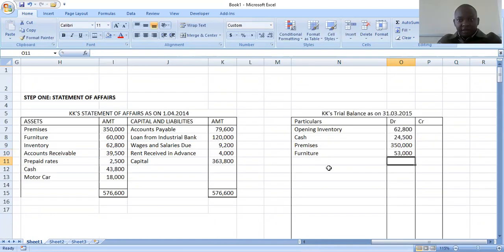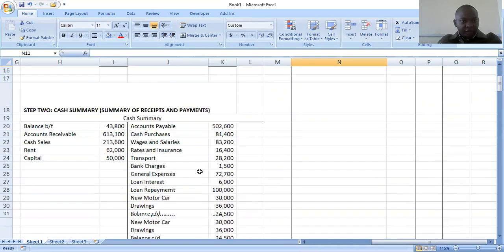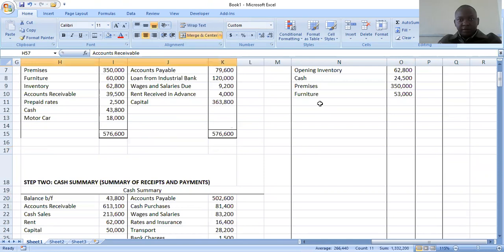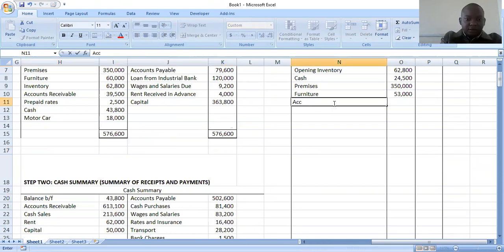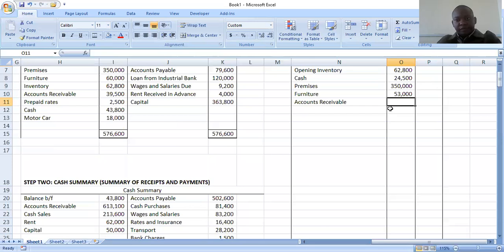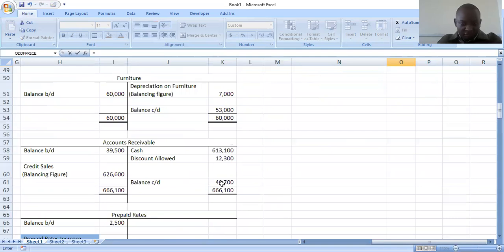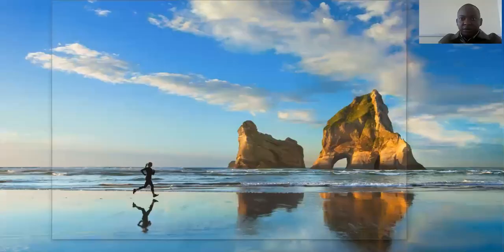Then the other item we have after furniture is accounts receivable, which is also another debit balance. Being an asset, it should be a debit balance of 4,700.